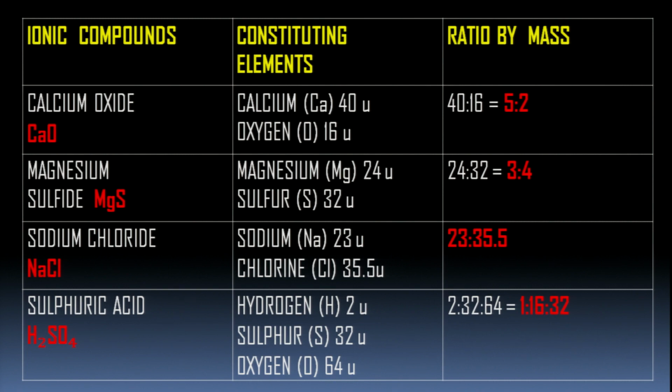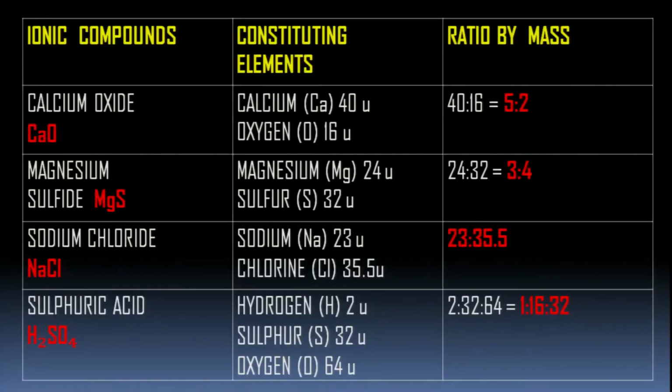Okay? Keep writing. Sodium chloride, NaCl. Sodium is 23 units and chlorine is 35.5 unified mass. Then the ratio by mass comes out to be 23 is to 35.5. This is the ratio. We can't simplify it further. Then comes sulfuric acid. In sulfuric acid you have 3 types of atoms. What are they?